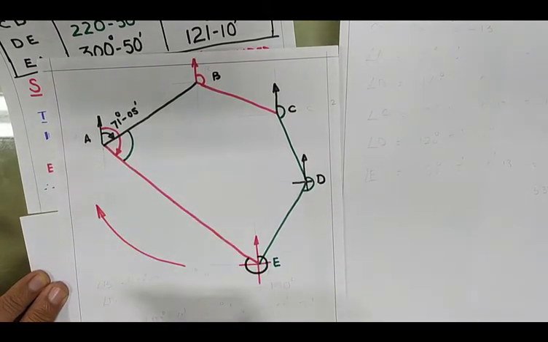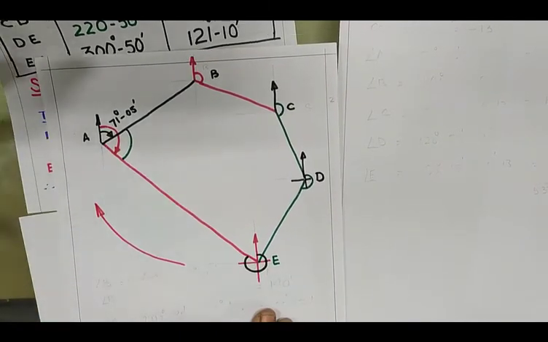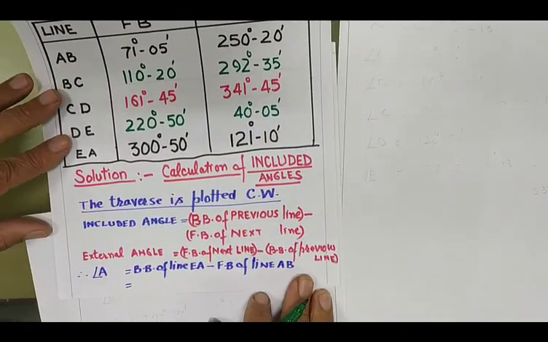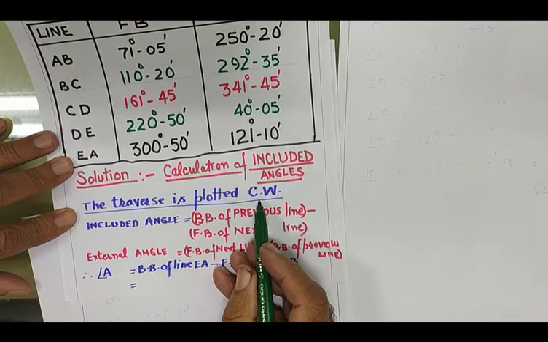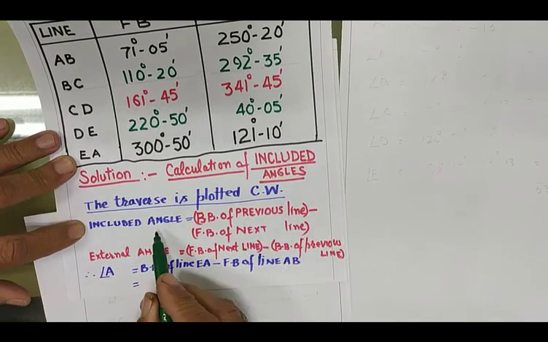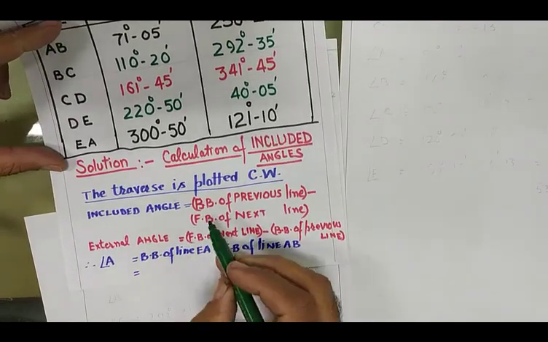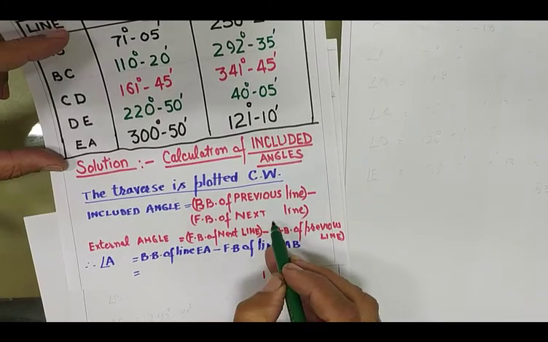This is the way we can calculate the included angles. Again, I am going to tell you, this is given by this formula: when the traverse is plotted in the clockwise direction, the included angle is given as the bearing of the previous line minus the fore bearing of the next line.